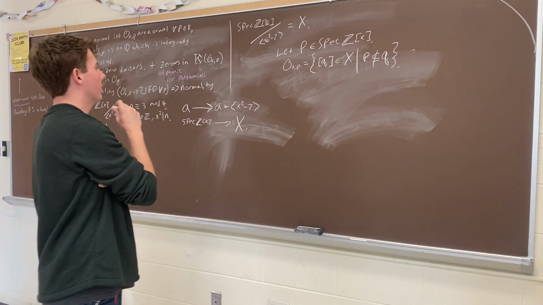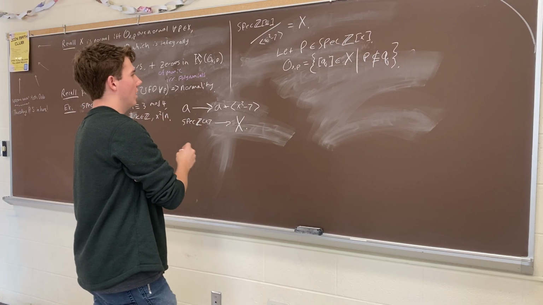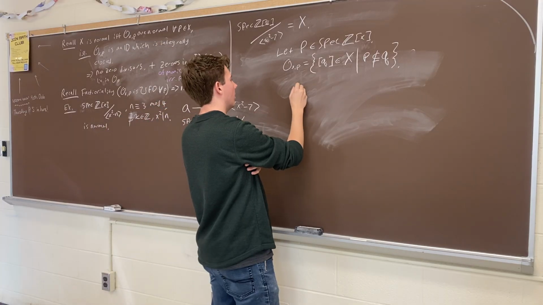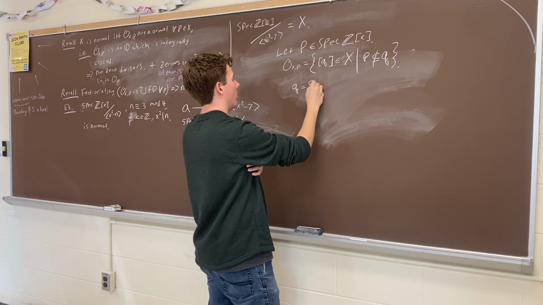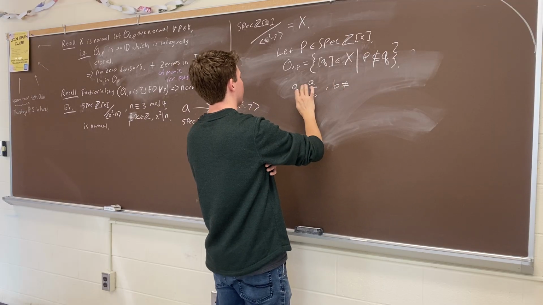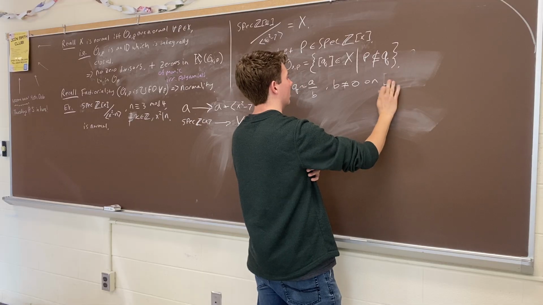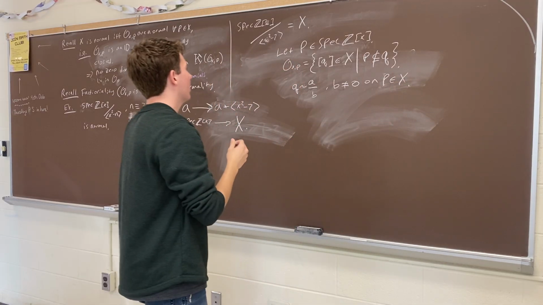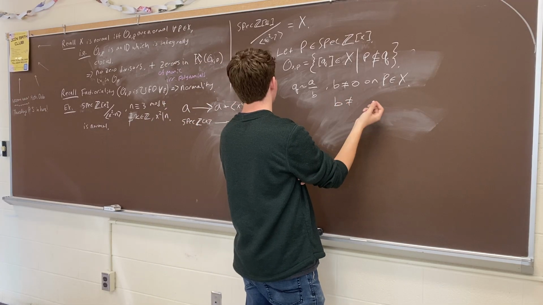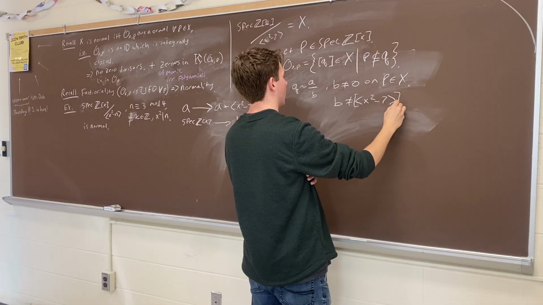And then we want to show that this is an integral domain in X. So we want to say something about the fact that Q is really A over B, where B is non-zero on P. Well, P in X has to have that B is not 0, or the ideal x squared minus 7.